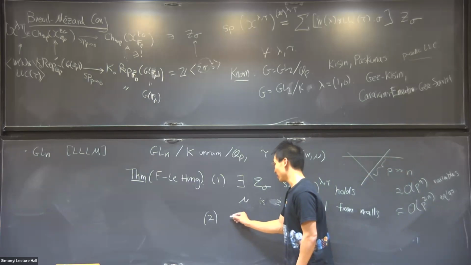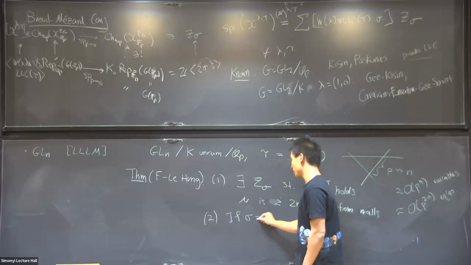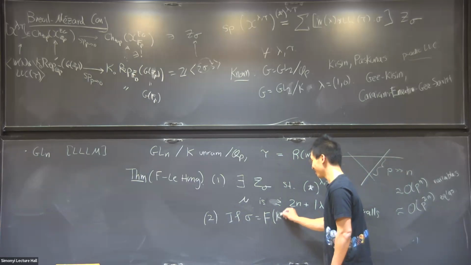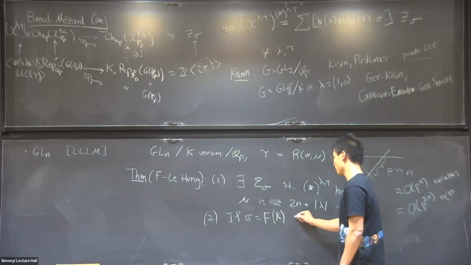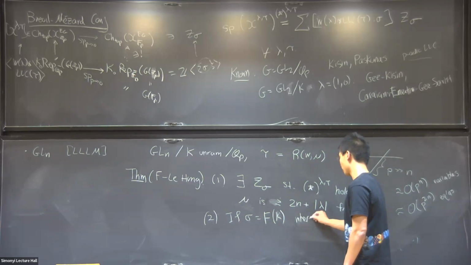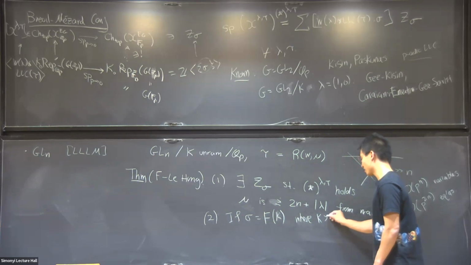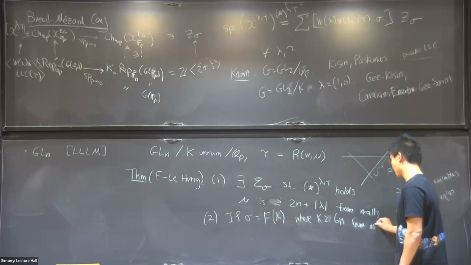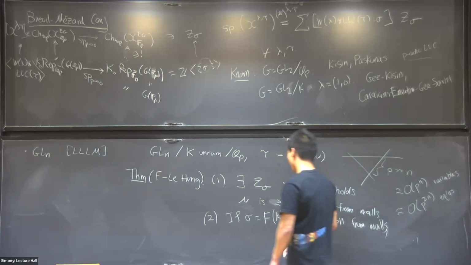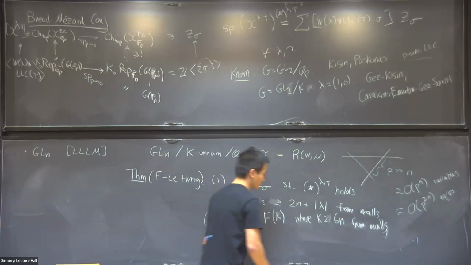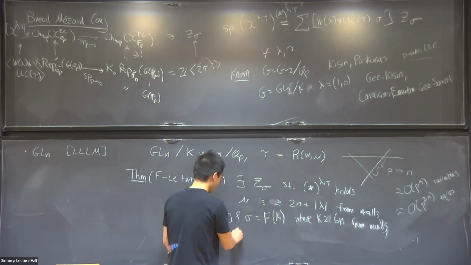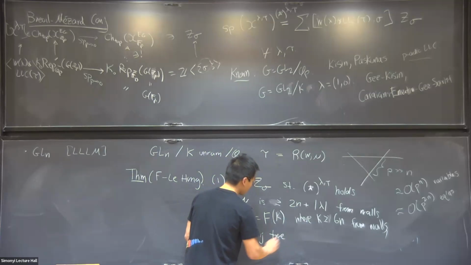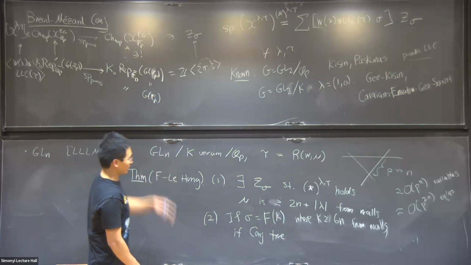So let's say sigma is an irreducible representation, let's call it F(kappa), where kappa is at least 6n from the walls. This is not a very optimized constant, but for concreteness, if it's at least 6n from the walls, then if the conjecture is actually true, then in particular there are these true Breuil-Mezard cycles.